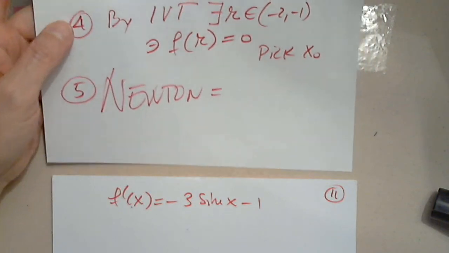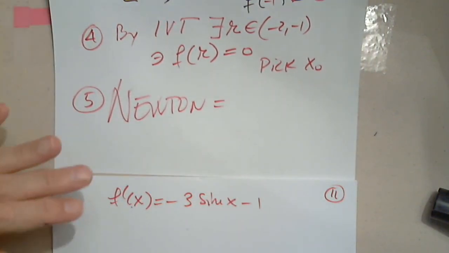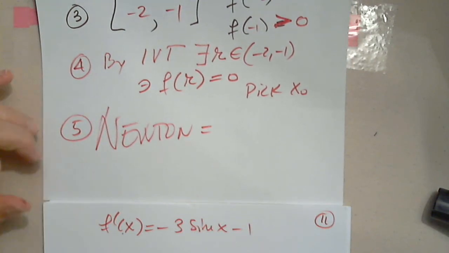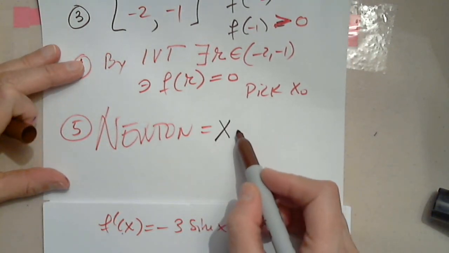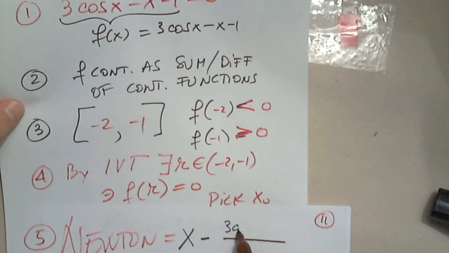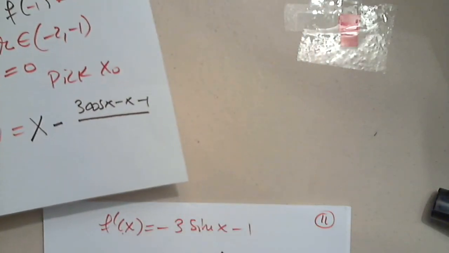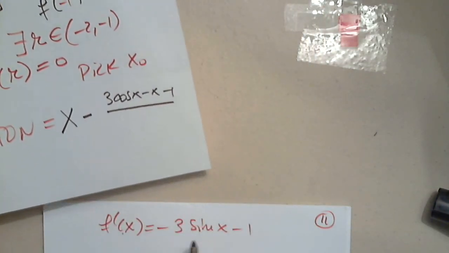So we are safe. So now I want to create the function that I will be using to determine the solution. And that will be x minus the function at the top, 3 cosine x minus 1, the derivative in the denominator. Since both negatives, I'm going to factor and change this into positive.